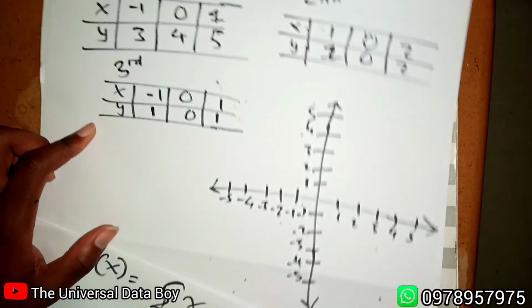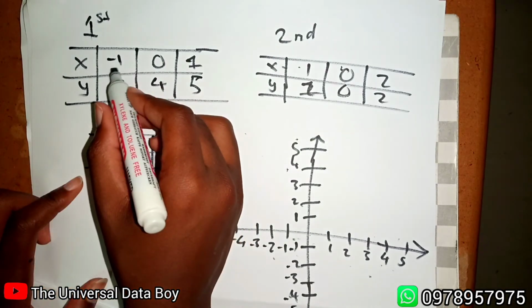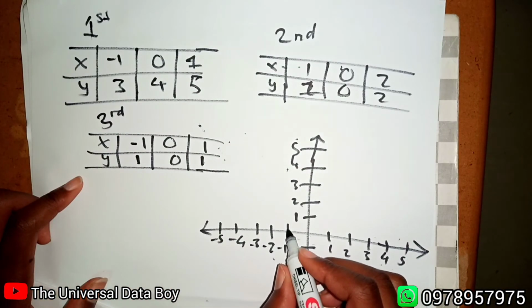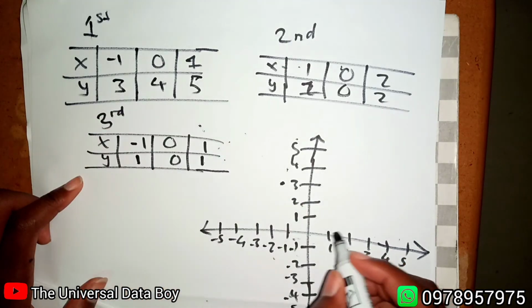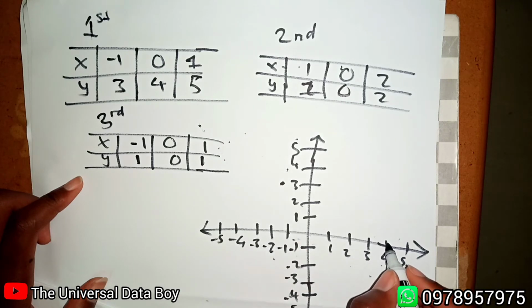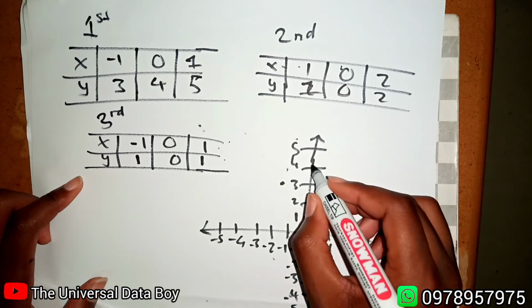So you can graph this one. The first one is we have -1, 3. You're going to have 0, 4.